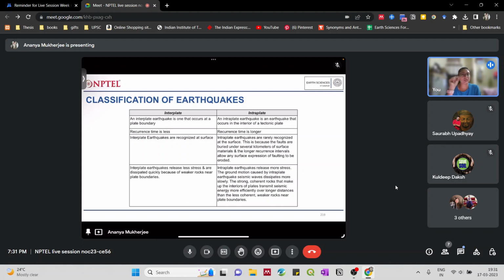So, these are the differences between the two types of earthquakes that are usually classified. So, what happens in Kutch is actually part of the intraplate earthquakes. Okay, intraplate earthquakes are very disastrous, very dangerous. Okay, you cannot predict them, and you don't know which faults are there because they are buried, as we have already mentioned.